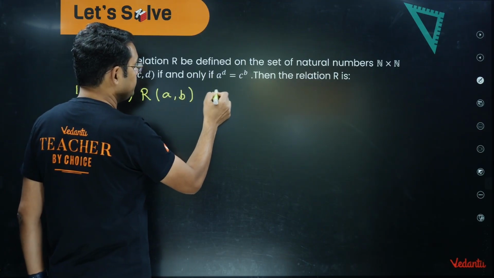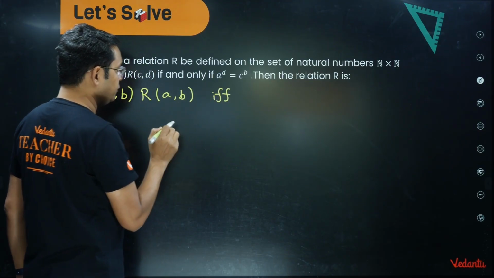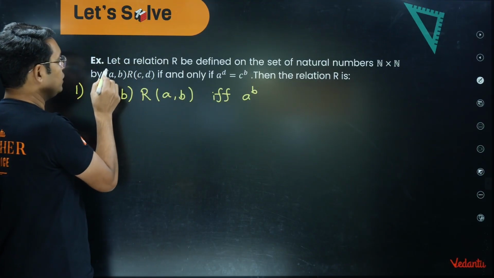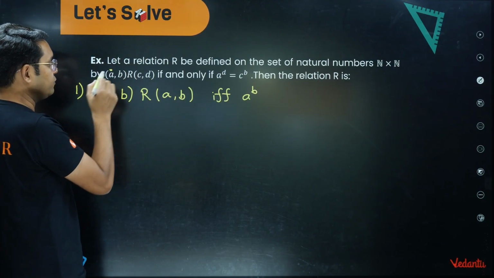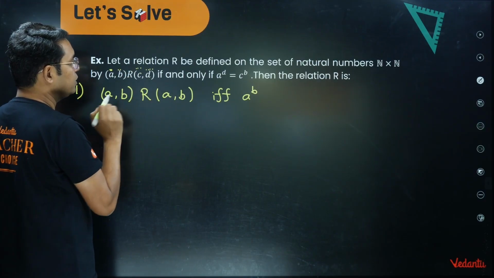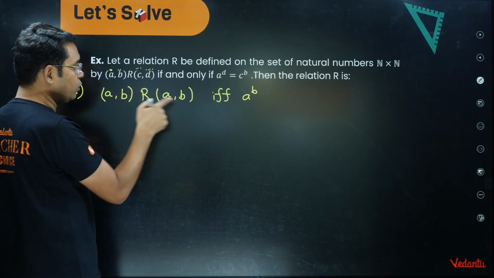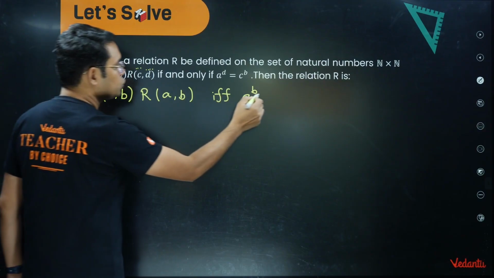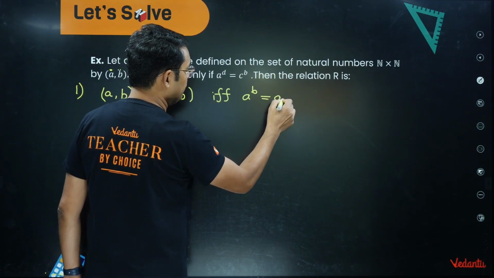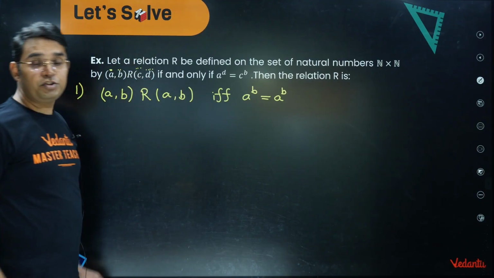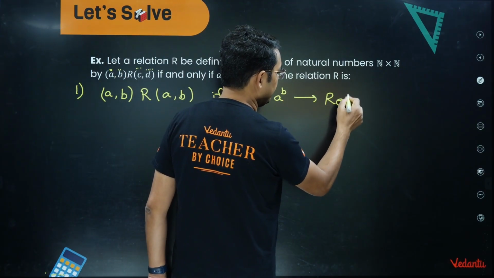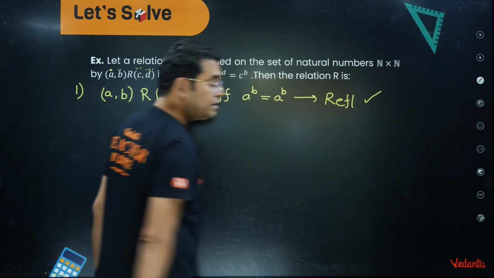Now this is possible if and only if a raised to the power b, the condition here was that if I call this first, this second, this third, and this fourth, then first raised to the power fourth, so a raised to the power b, should be equal to third raised to the power second. So a raised to the power b, which seems true. So this will be reflexive. So reflexive is correct.